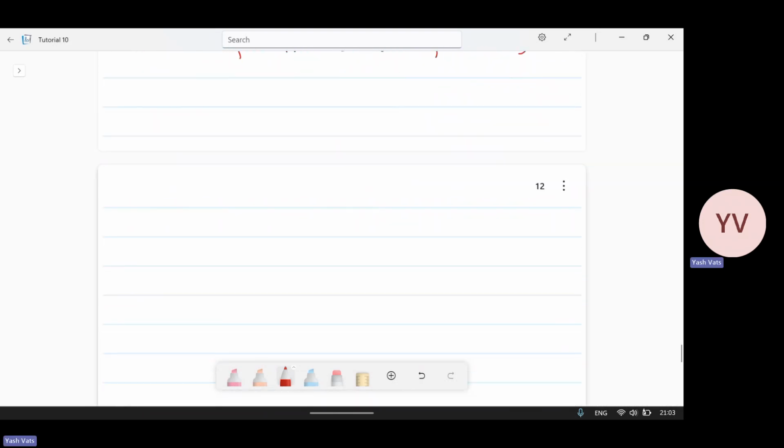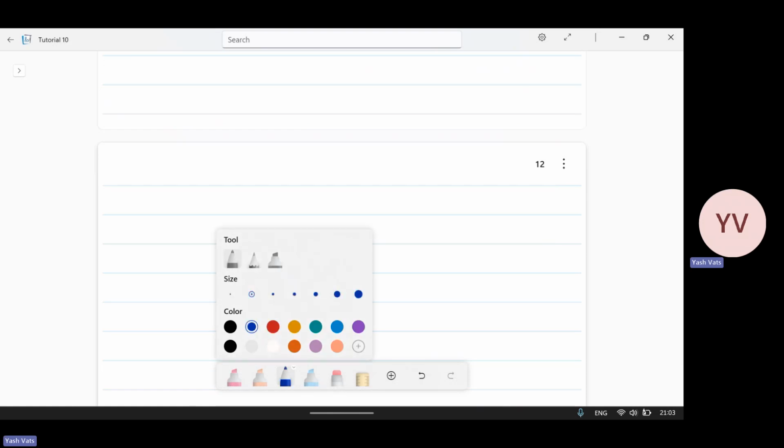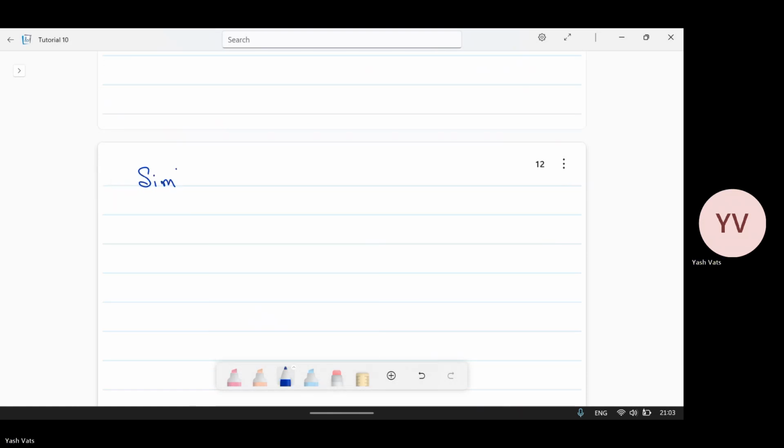Now we will discuss another formula which is called Simpson's 1 by 3 rule. I hope you understand how to apply it for a random function. So what is Simpson's 1 by 3 rule?